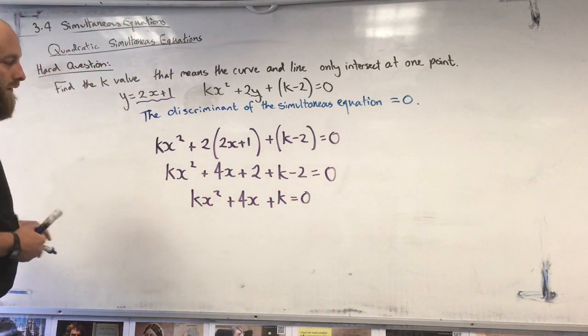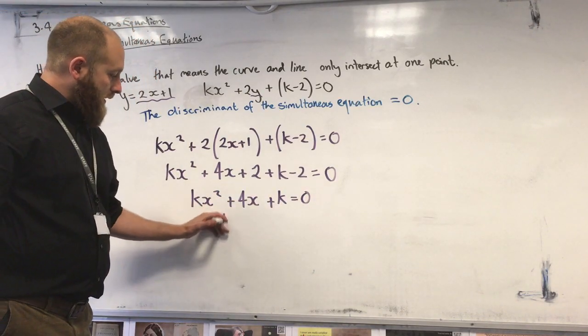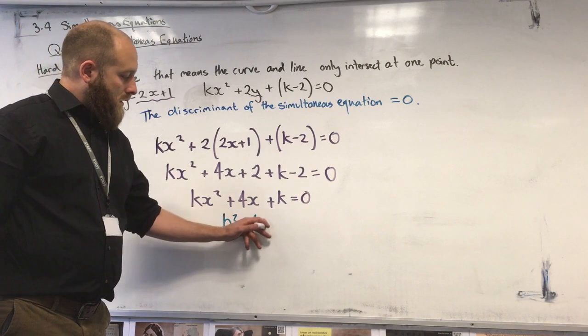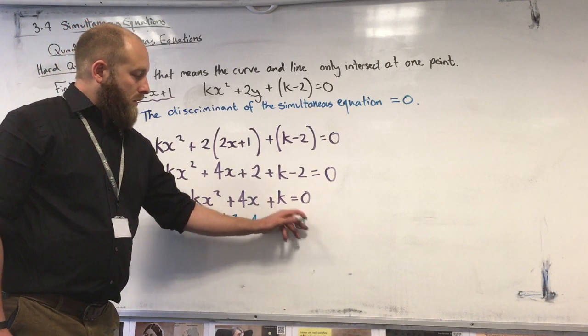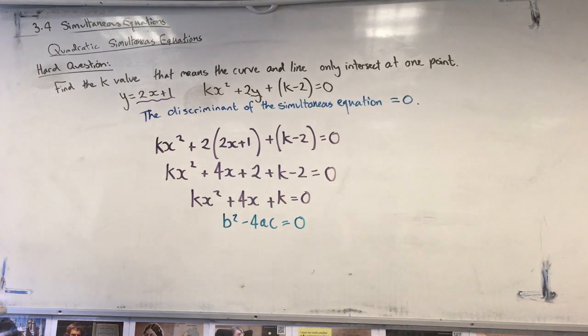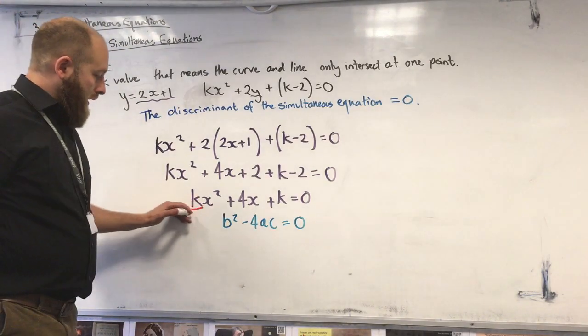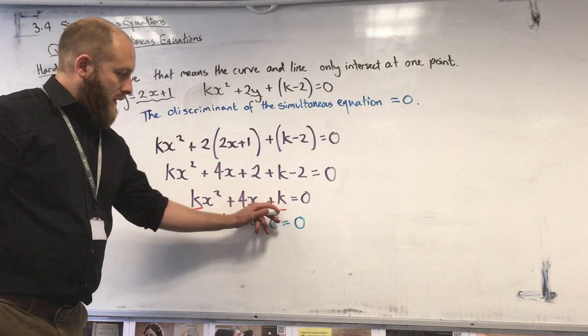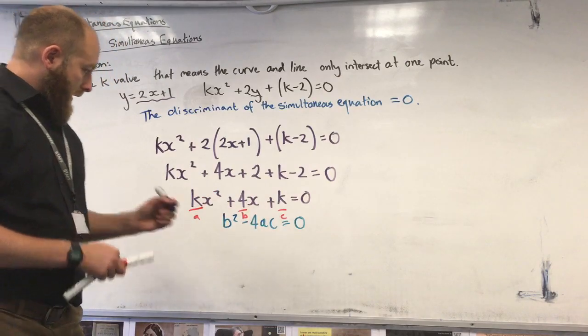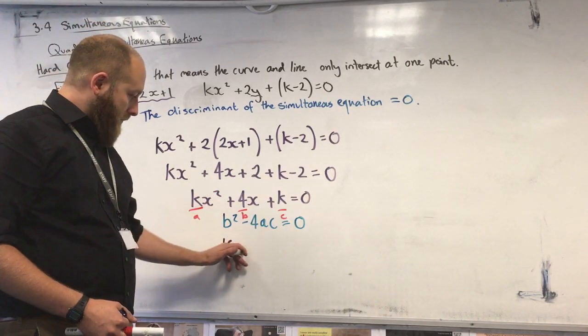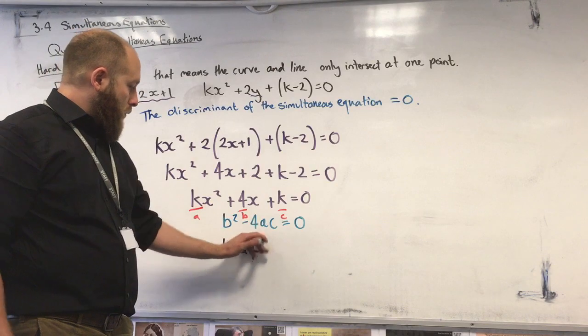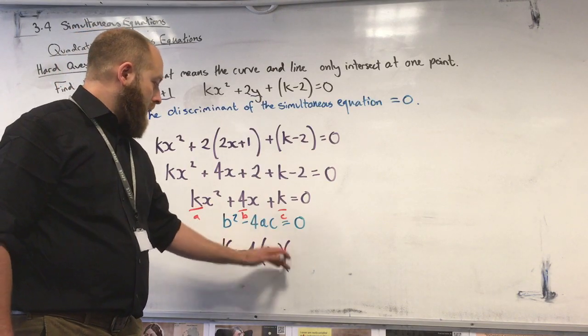So because we have one intersection, the discriminant of this is going to equal 0. Working through here, we've got A, B, and C. The discriminant is going to end up as 16 minus 4 times k times k.